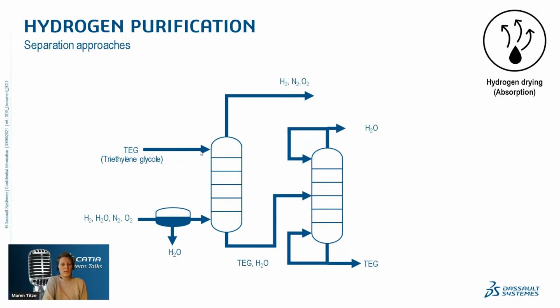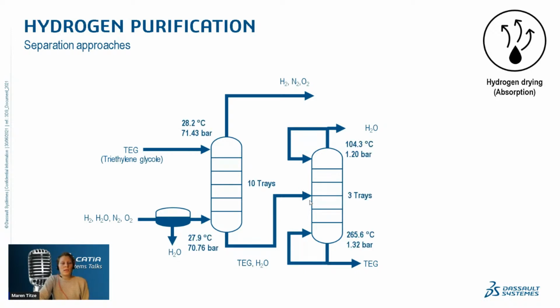At the top, we add triethylene glycol. This glycol drops through the column and absorbs the water vapor. What comes out is dry gas. At the bottom, we have a mixture of glycol and water. This glycol-water mixture goes into the next column, and there is a simple distillation that separates these 2 components, water and glycol.